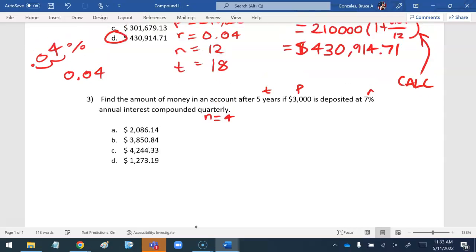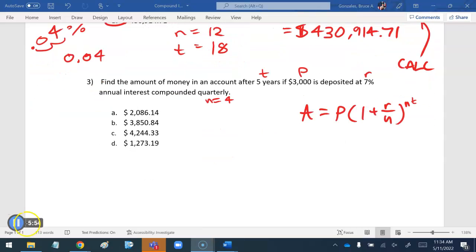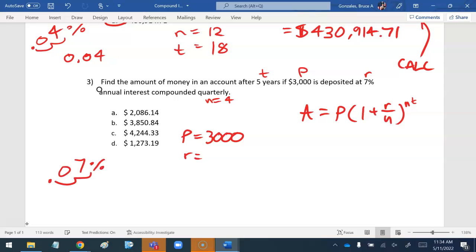So let's go ahead and write this out. P equals 3,000. R, if it's 7%, is moving 2 to the left, which is 0.07. My N is 4, like we already said, and T, the amount of time, is 5 years.